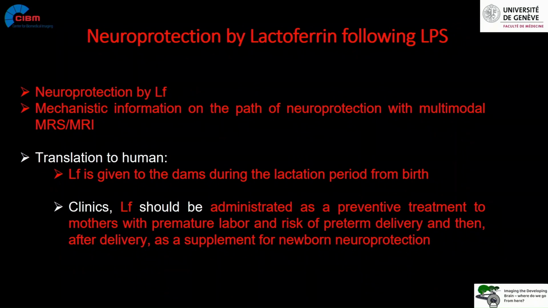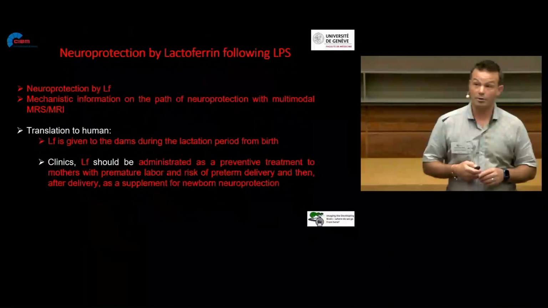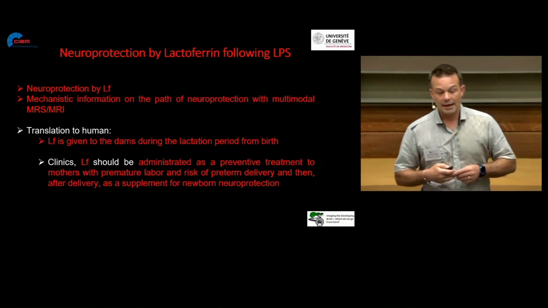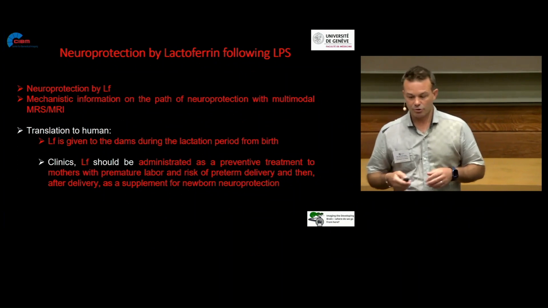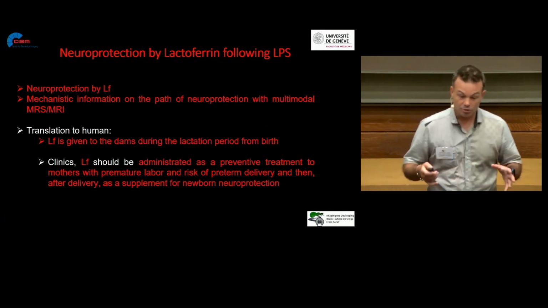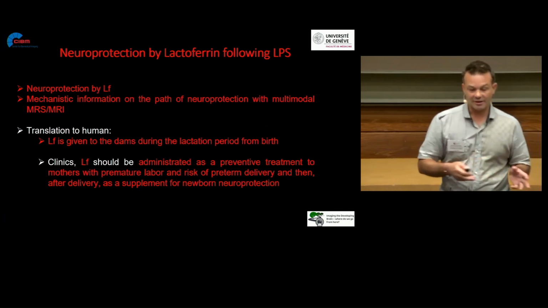So with this study, we show first that we have an effect of neuroprotection with lactoferrin, and we have some mechanistic information on the path of the neuroprotection with this multimodality MRS and MRI.